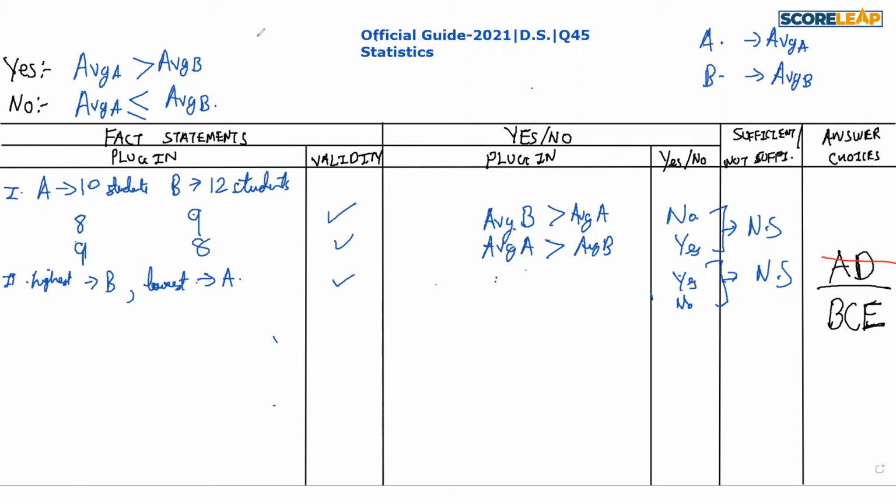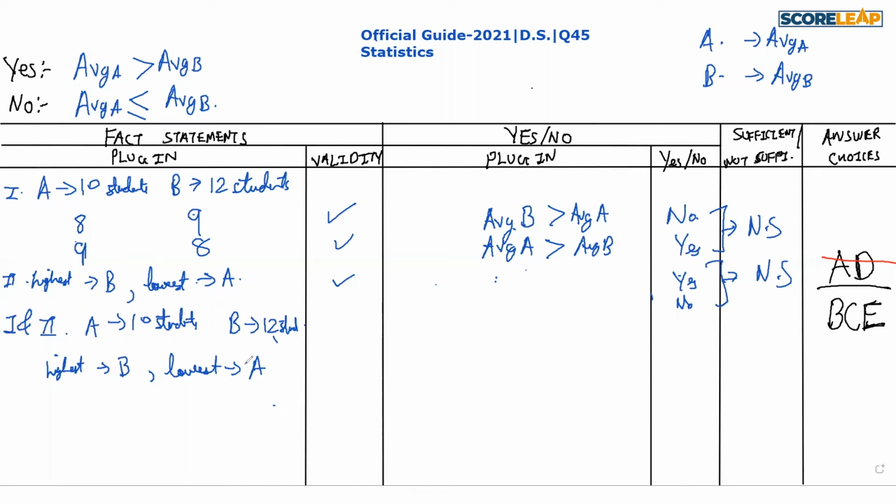Let us club both of them and check what will happen. 1 and 2 combined. So A has 10 students and B has 12 students. Then the highest score is of one of the students of B and the lowest score is scored by one of the students of A. This is a similar case as the previous one.